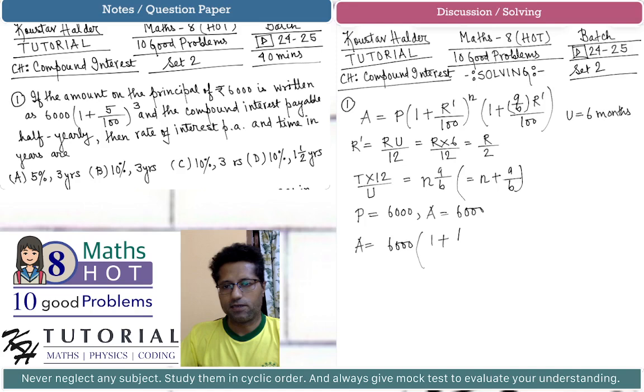Since r dash is equal to r by 2, we can write r by 2 in place of r dash in the general formula.